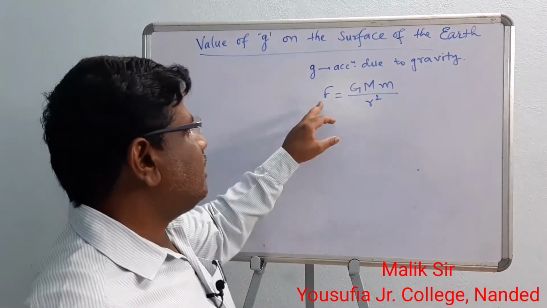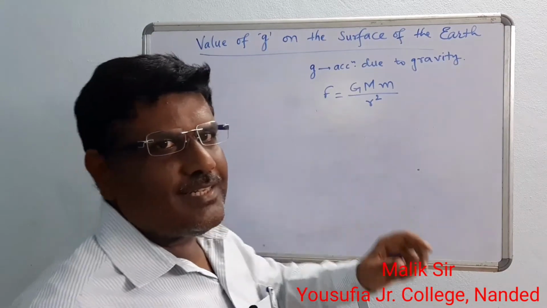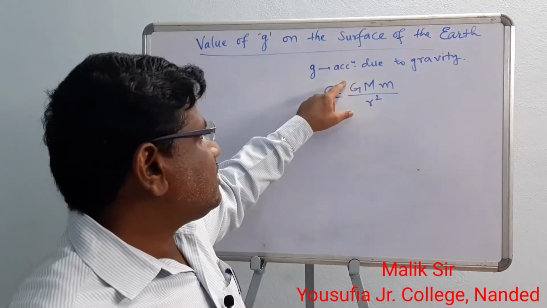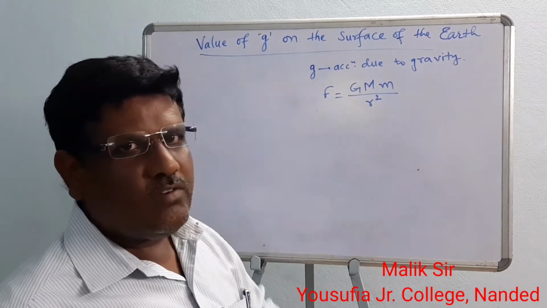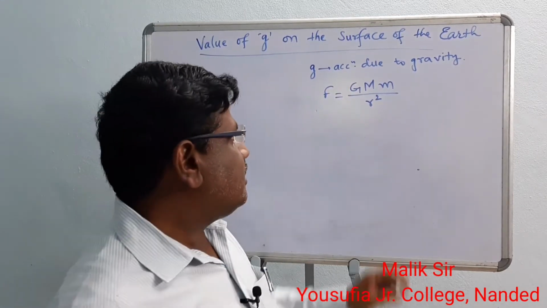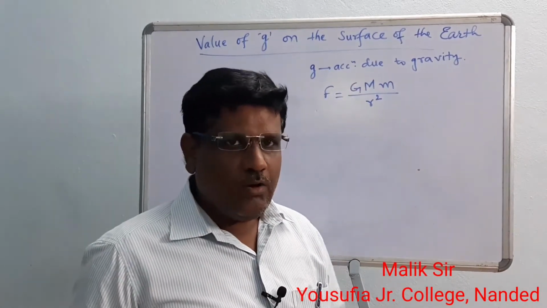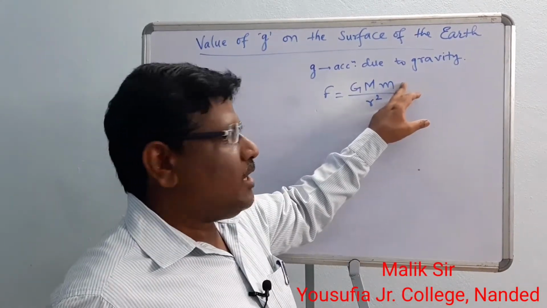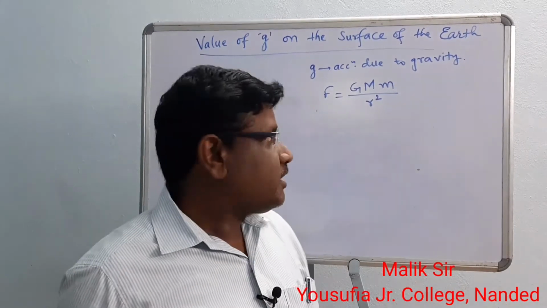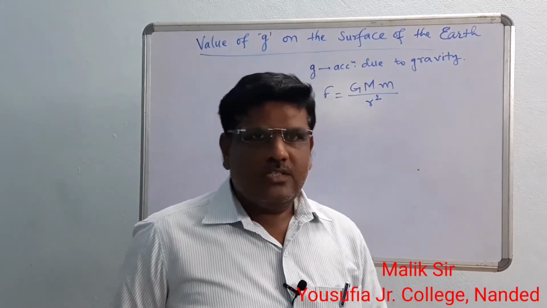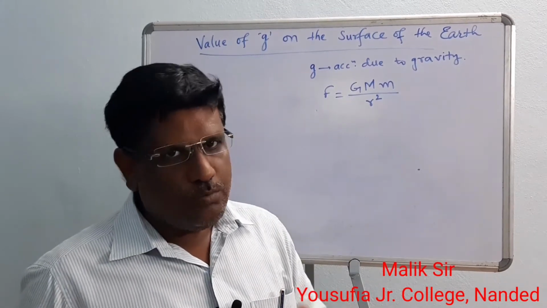This capital F is the force exerted between the two objects, and capital G is the universal gravitational constant. Capital M is the mass of one object and small m is the mass of another object, and r is the distance between the centers of the two objects.